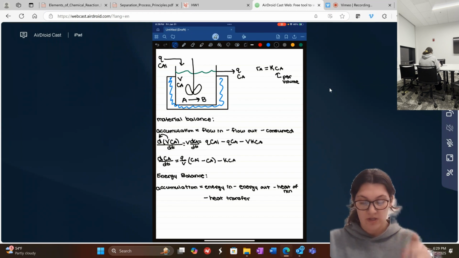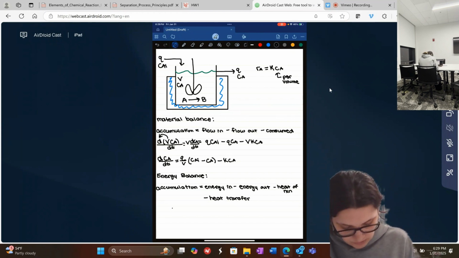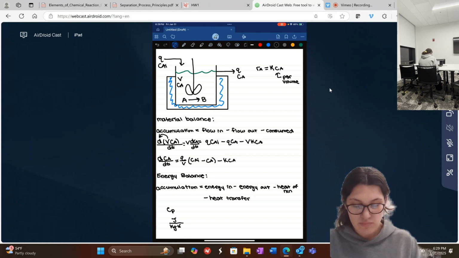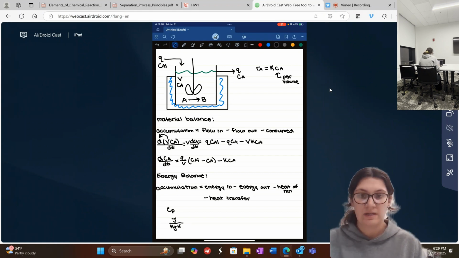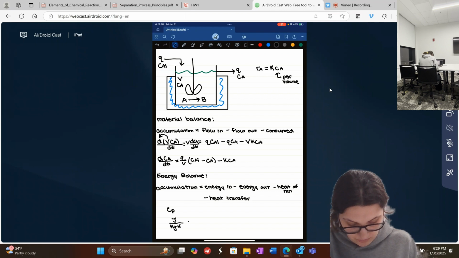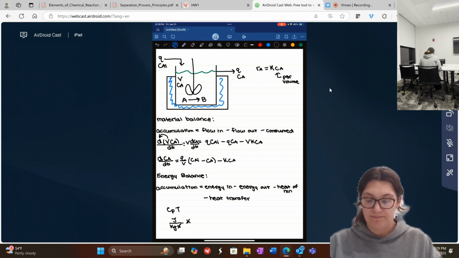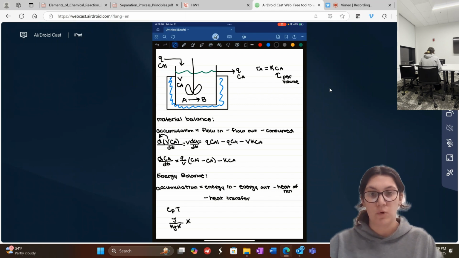So for accumulation, we are looking for some amount of energy. So we want to start with our heat capacity. This is in units of joules per kilogram Kelvin. And so to get down to just joules, we're going to multiply by temperature, which would give us joules per kilogram, which means it's still energy per mass.